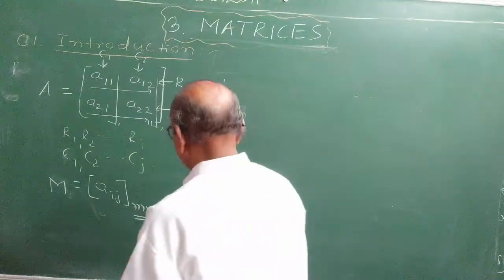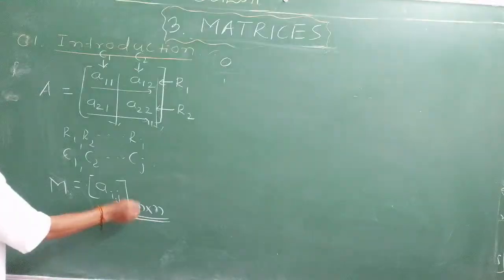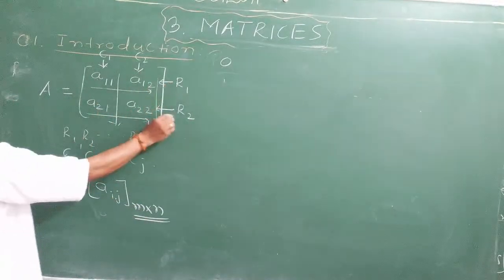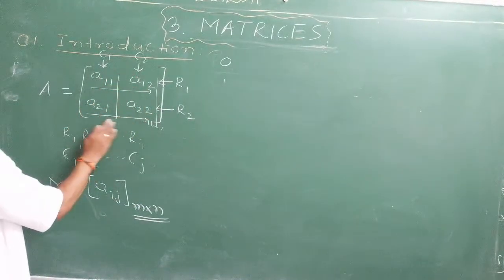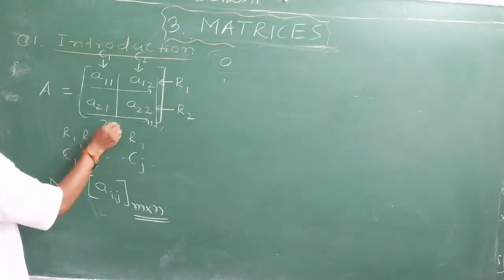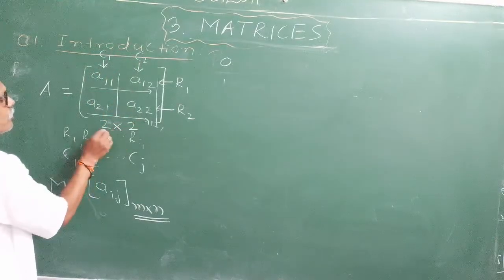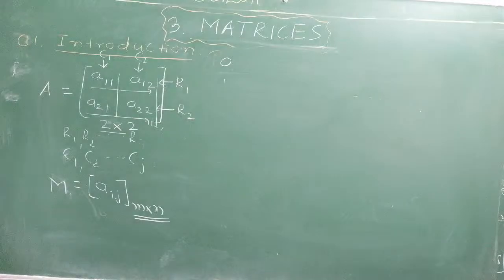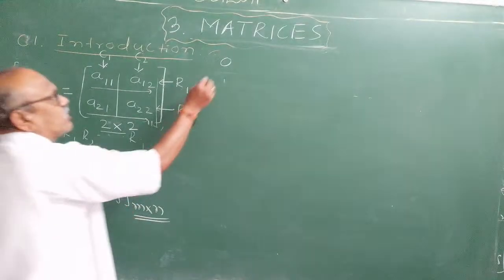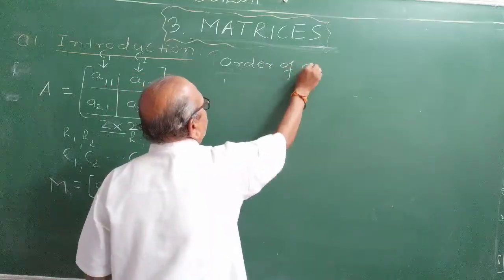What is order of a matrix? If a matrix has m rows and n columns. Now, this particular matrix has how many rows? 2 rows by how many columns? 2 columns. Therefore, the order of this matrix is said to be 2 by 2. That is called the order of a matrix.